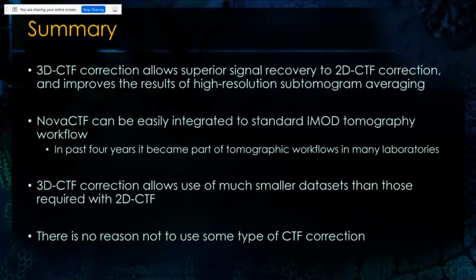And it doesn't matter really what resolution you aim for, because in the end, it's also the fact that the structures are just distorted, and you do not want that. Even if you just want to analyze your tomograms and do not want to go for subtomogram averaging, it still pays off to have the structure as nice as possible. So doing CTF correction and compensating at least partially for some of these distortions always pays off.